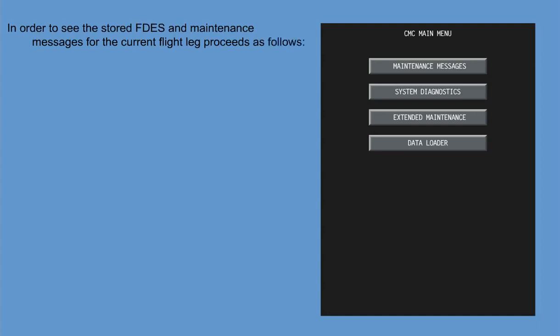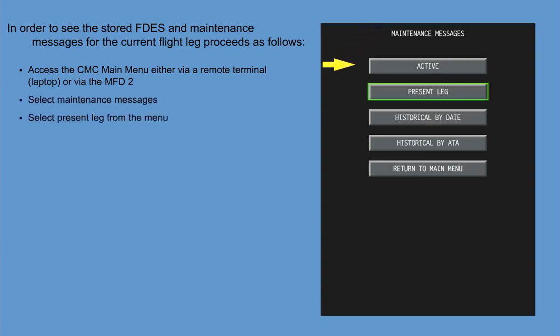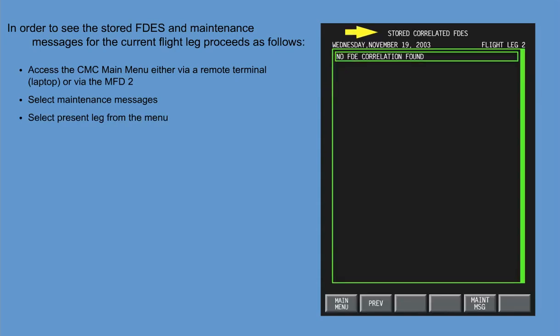In order to see the stored correlated FDES and maintenance messages for the current flight leg, proceed as follows. First, access the CMC main menu either from a remote terminal, laptop, or from the MFD2. Select Maintenance Messages. Select Present Leg from the menu. This will bring you to the stored correlated FDES page.